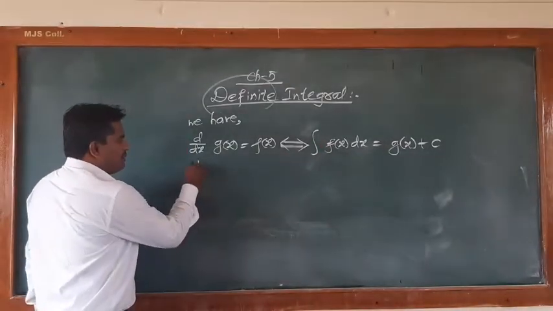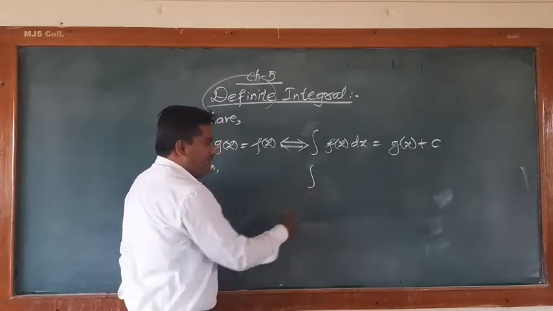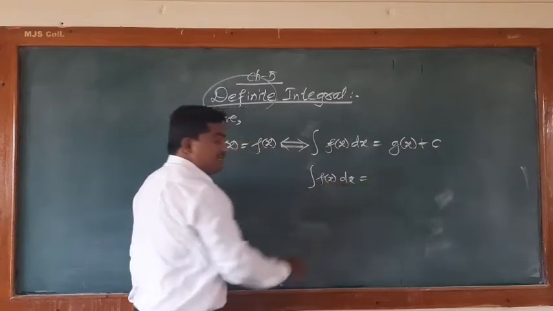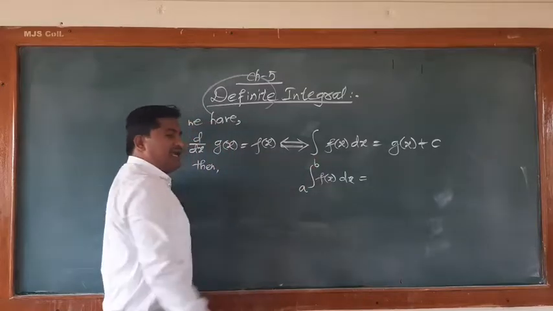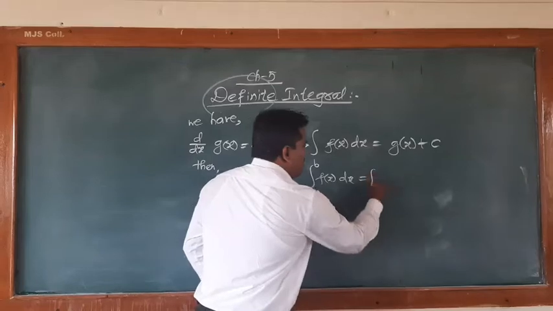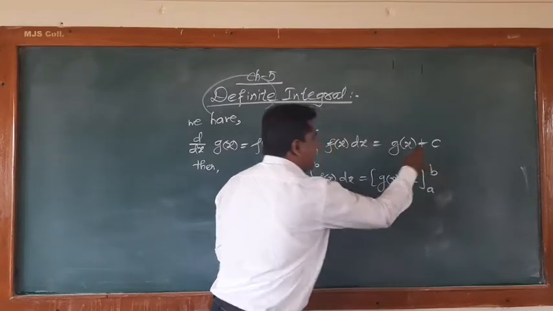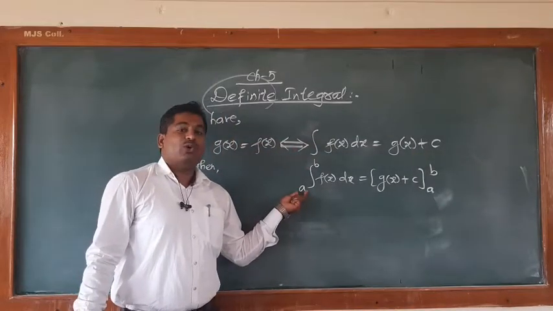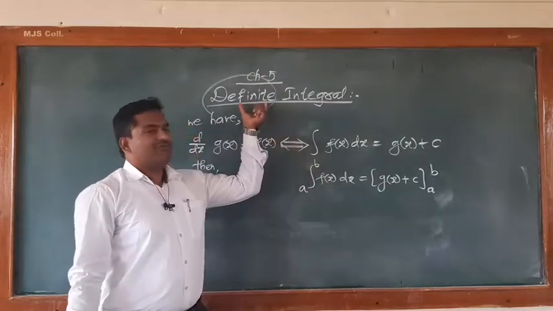Then the integration of f of x with respect to dx with limit a to b is equal to g of x plus c with limit a to b, where a is called the lower limit and b is called the upper limit for this definite integral.